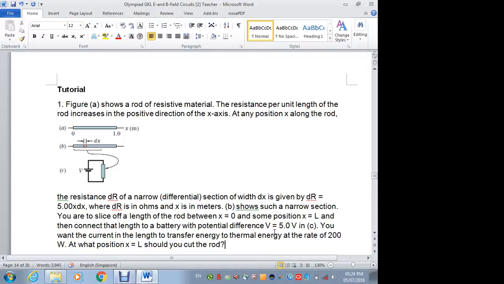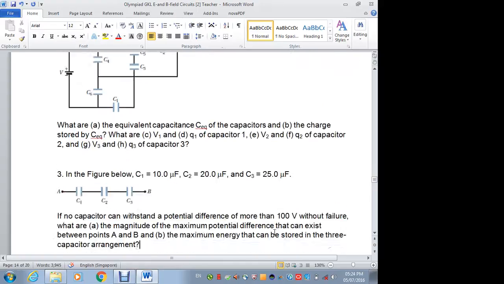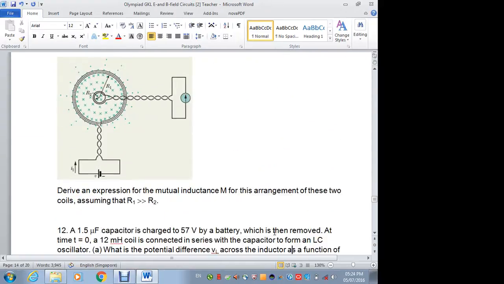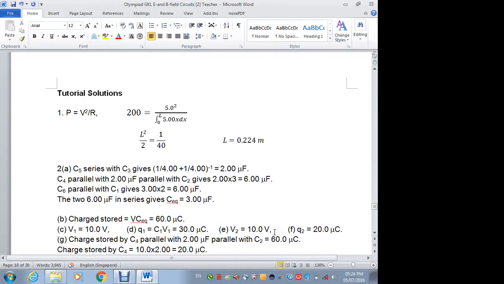Okay, let's go down all the way. Now, you can use your previous knowledge, right? Because we started off with Ohm's law and everything, right?